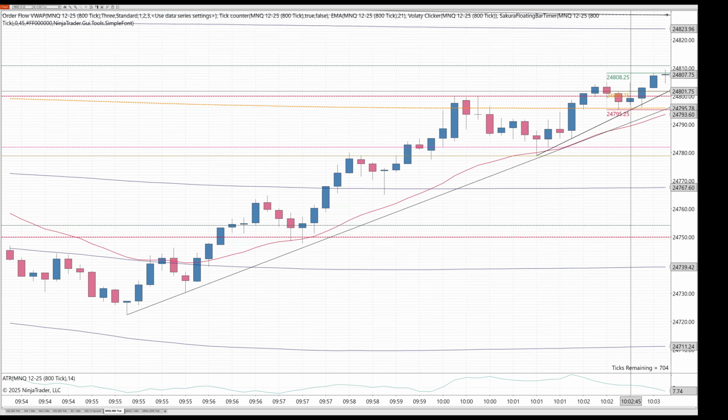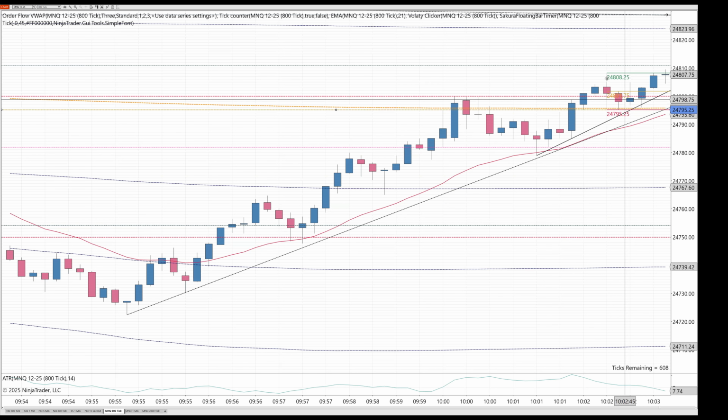You got about, let's just say, another 5 points out of this trade. Golden ruler moves up. This gets deleted. Let's keep track of the runner.